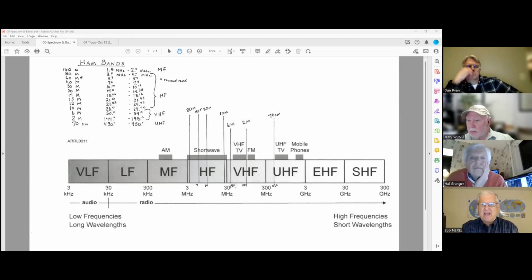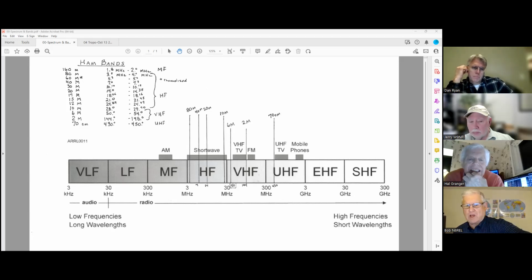So the high limit of HF is 30 megahertz. And if you divide that 30 by 10, you get down to 3 megahertz, which is the low part of that. All right, that may appear on your test.